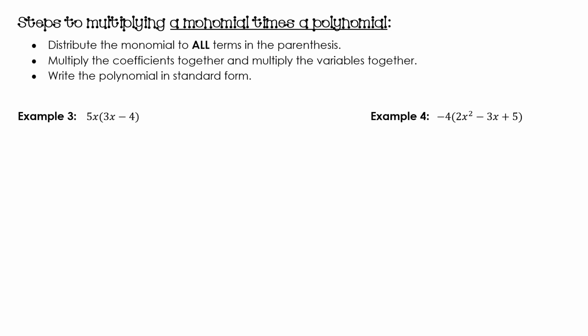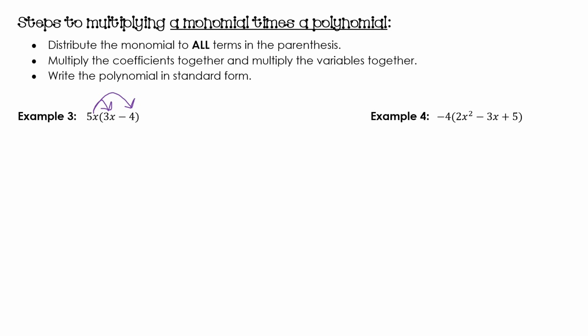For examples 3 and 4, we're multiplying a monomial times a polynomial. So when you're multiplying a monomial outside of parentheses to a polynomial inside of the parentheses, you are doing distribution. So we are going to distribute, on example 3, the 5x to everything that is inside of the parentheses. When I do that, I'm doing the exact same steps that I did in the first two examples.